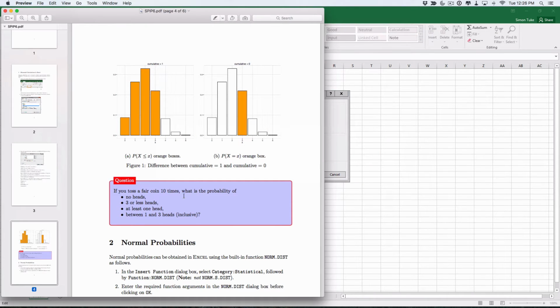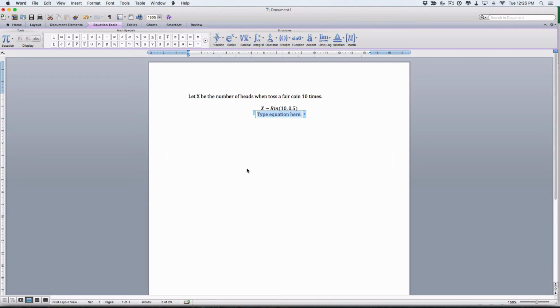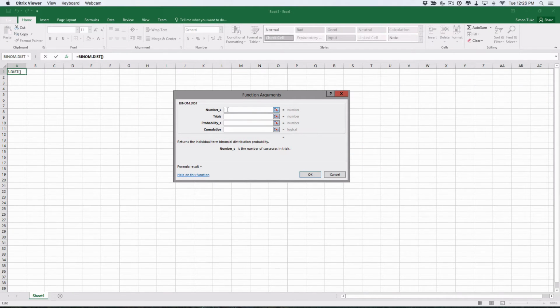So what's the first question? The first question says no heads. Let's think about what this means in probability notation. That means the probability that, remember we put brackets, so you read this as the probability of whatever's in the brackets, and in the brackets we've got no heads. Another way of saying that is that X, which is the number of heads, equals 0. So how are we going to do that? We know the number of heads, the successes, is 0. We know the number of trials is 10.